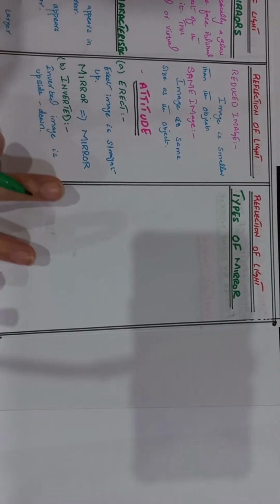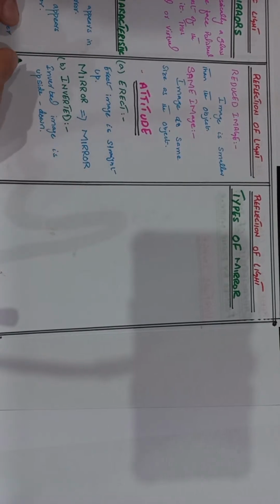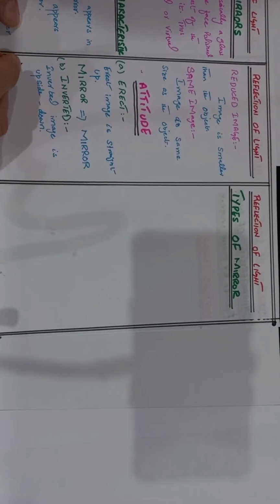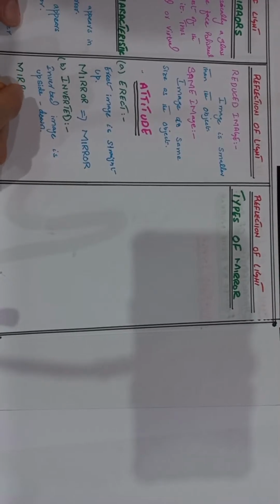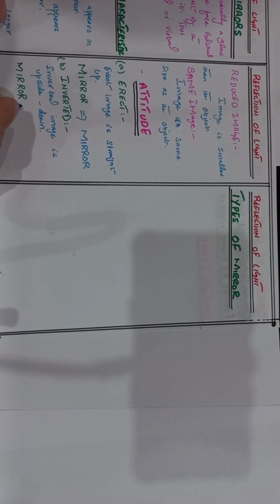When we take the example of the mirror, now the image is totally inverted. So here we write that mirror, then the image that is formed is totally inverted.